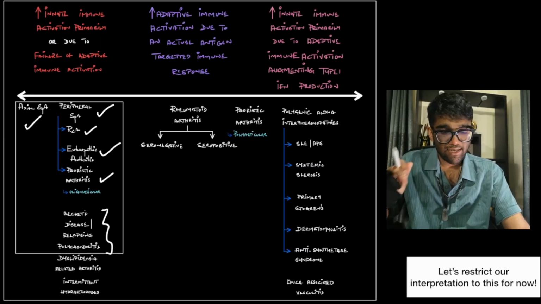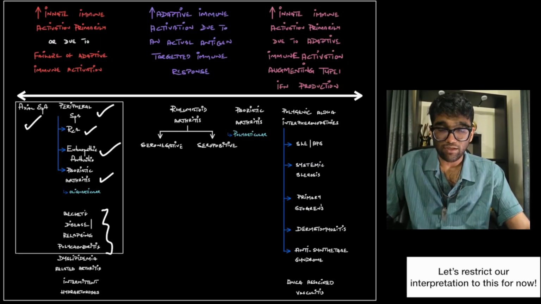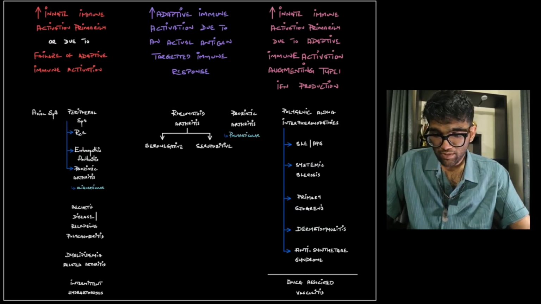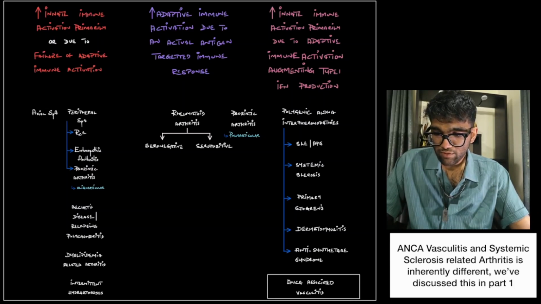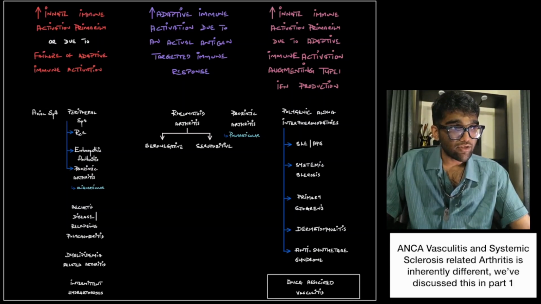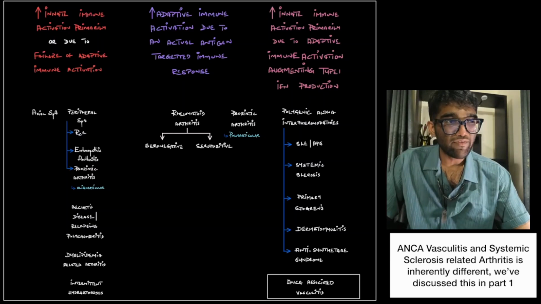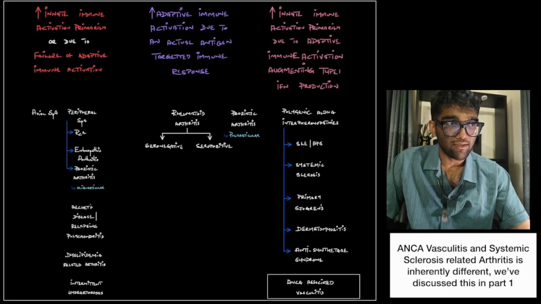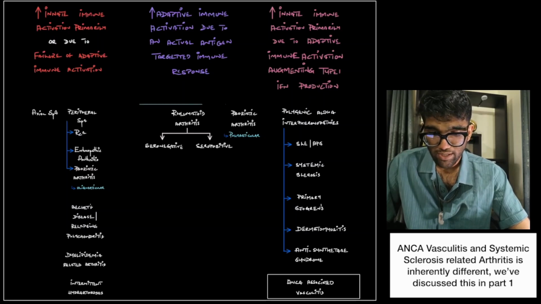Dyslipidemia related arthritis and intermittent hydroarthrosis is a slightly advanced topic, and we'll get to it subsequently in our future discussions. Okay, now, we've discussed that ANCA vasculitis and systemic sclerosis arthritis is inherently different because of the vascular involvement in both disorders, and I've discussed this in some detail in part 1, and we'll get to it again later when we discuss the individual illness scripts of these disorders.